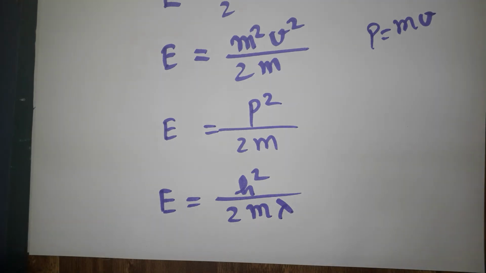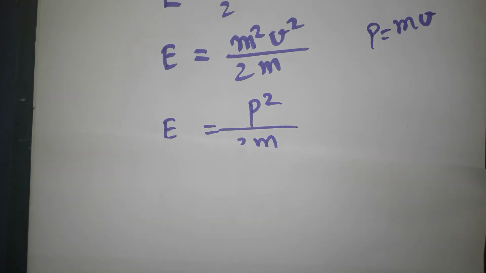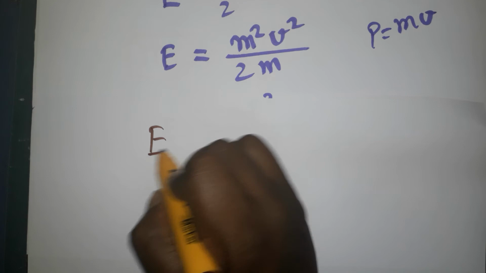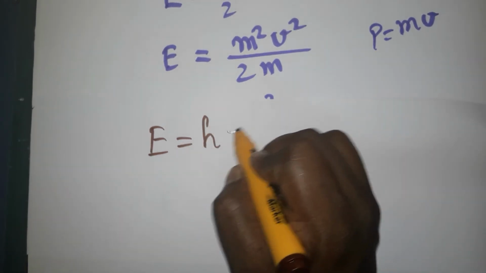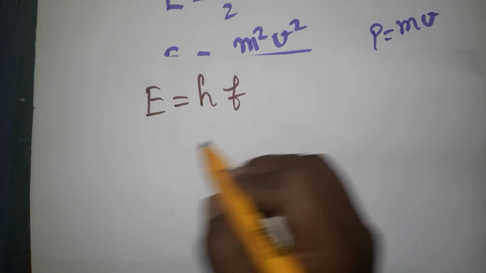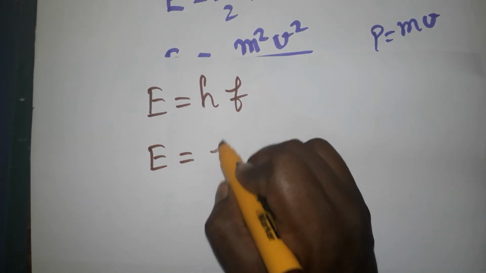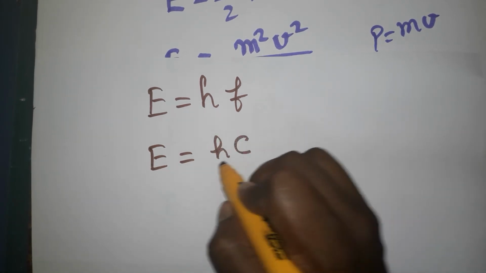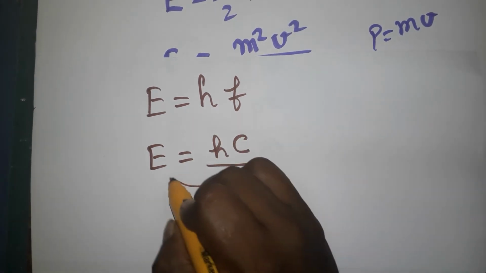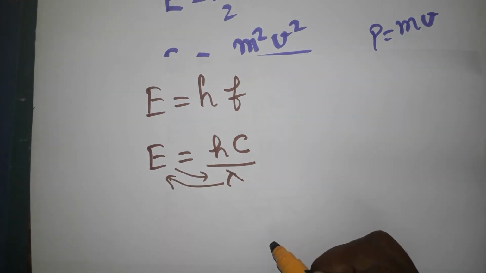Now I am using another formula. Energy is equal to Planck constant times frequency. Frequency we already know, velocity by wavelength. So energy is equal to Planck constant times velocity of light divided by wavelength. I take wavelength to this side and energy to the other side.